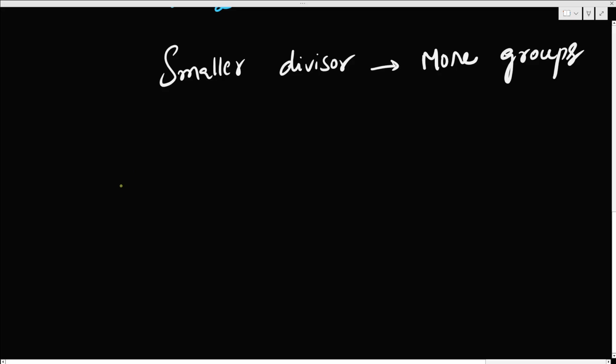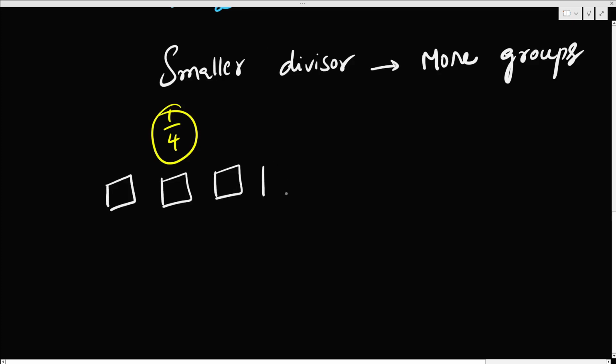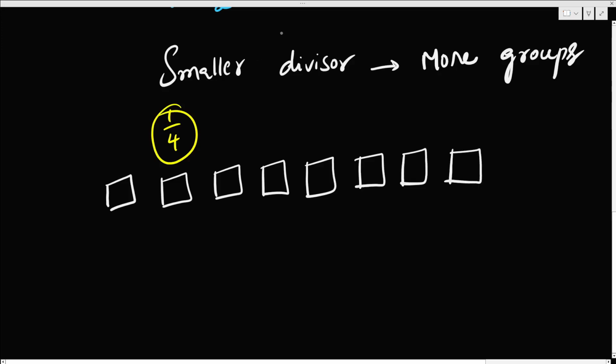Now what about 1/4? How many 1/4 fit inside 8? Now take 8 whole blocks. Now split each block into 1/4. This is 1/4.